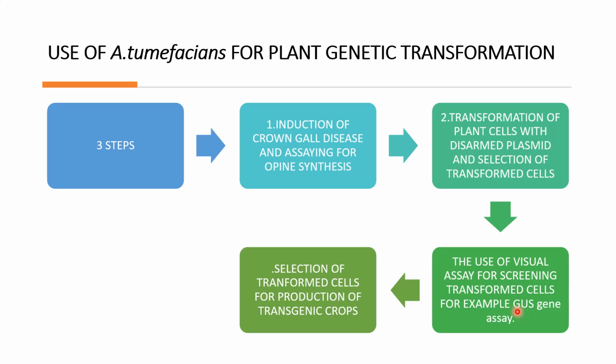We have already discussed the Gus gene assay in one video, and I will add a link in the description box. In the Gus gene assay, the cells which are transformed will turn blue in color, and we will pick up those blue cells and use them for other purposes in genetic engineering. In that way, we can raise transgenic crops from the transformed cells.